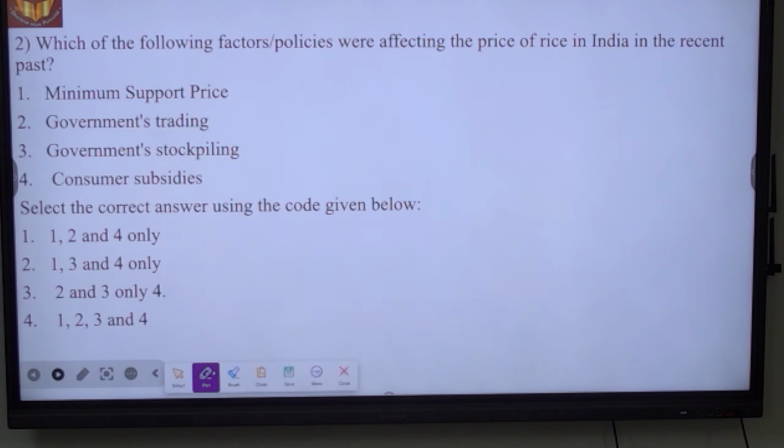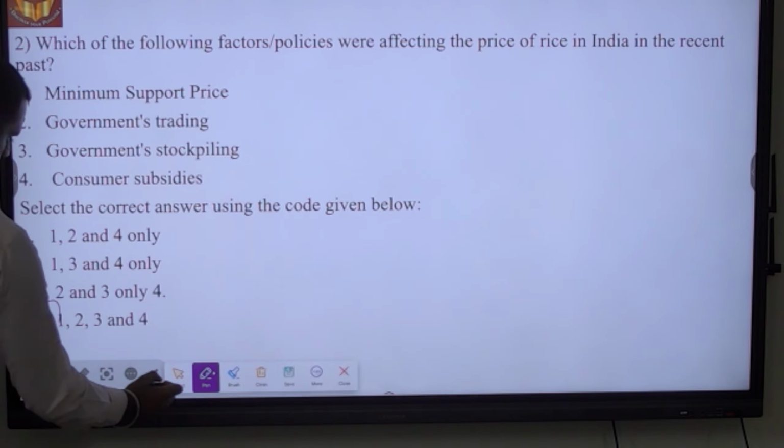Third is government stockpiling and consumer subsidies. Here all the factors will have some influence on the price of a particular product. In this case it is rice, so yes, all these factors will be affecting the price in India. So the answer is option D: 1, 2, 3, 4.